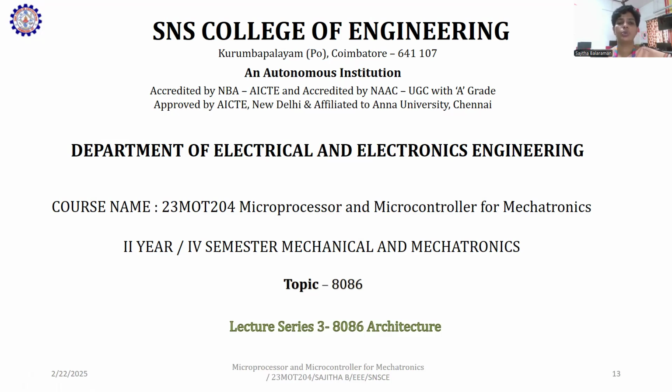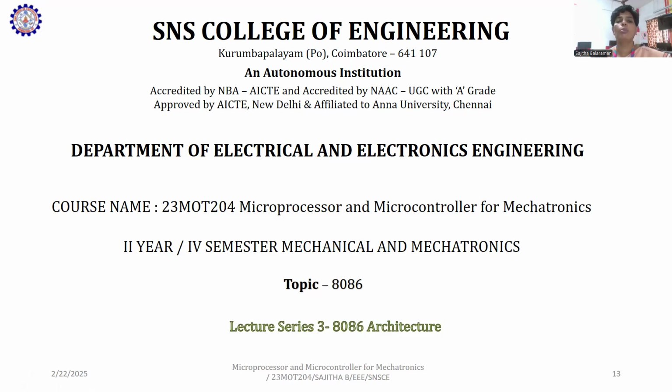The execution unit generally consists of the four general purpose registers, which are AX, BX, CX, and DX, each of 16 bits, and a few offset registers, namely SP, BP, SI, and DI. There is also an ALU, that is the arithmetic and logic unit, in the execution unit, which is used to perform the operations.